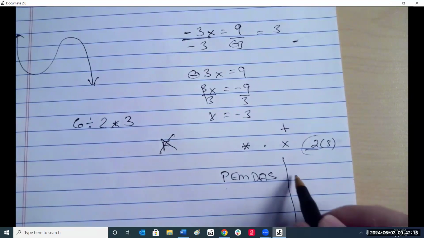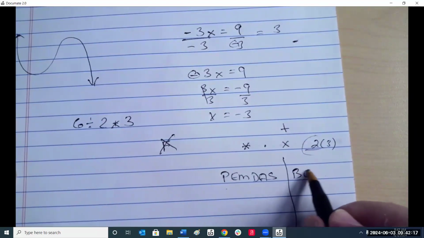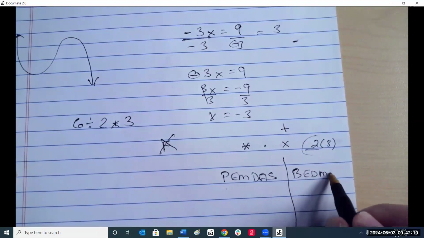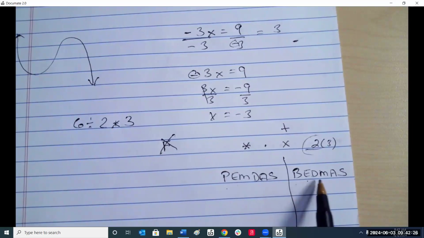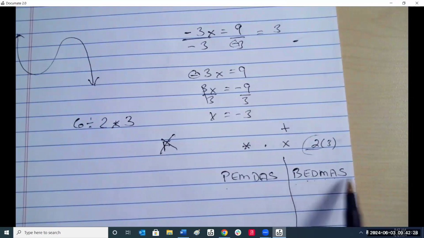Europeans and the rest of the world use that: brackets, exponents, division, multiplication, addition, subtraction. These work great in 5th grade, in 6th grade, which is where they should have stayed.